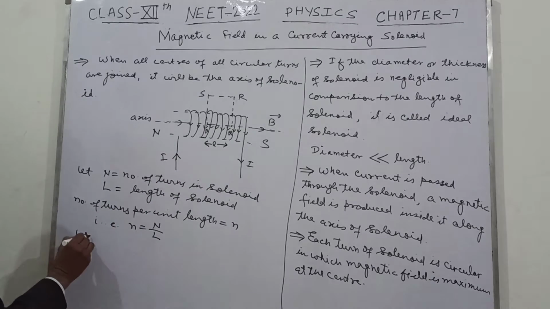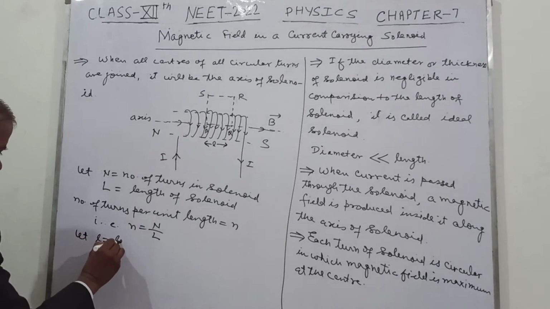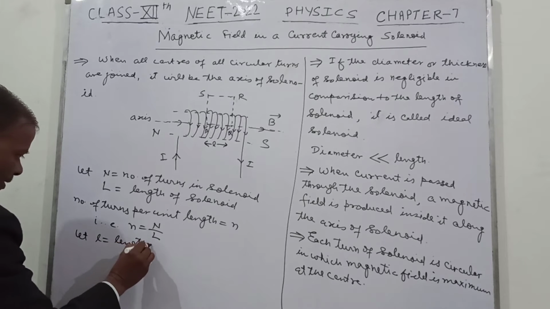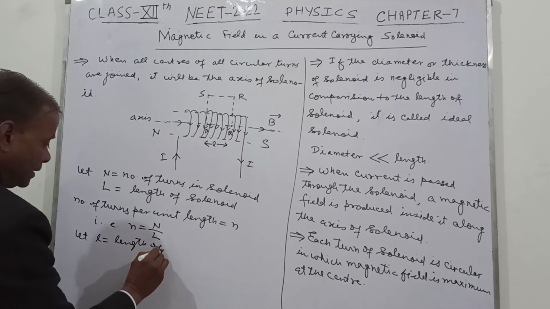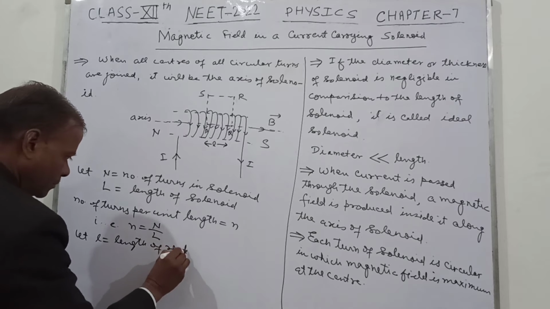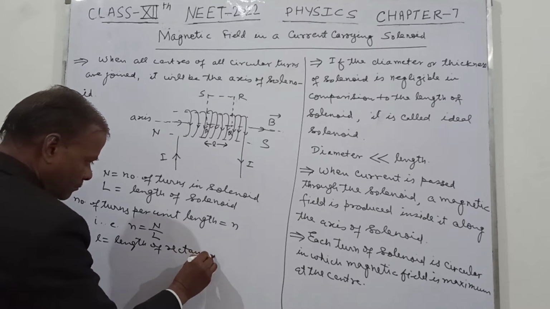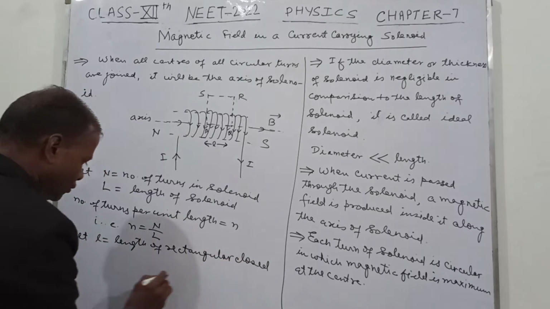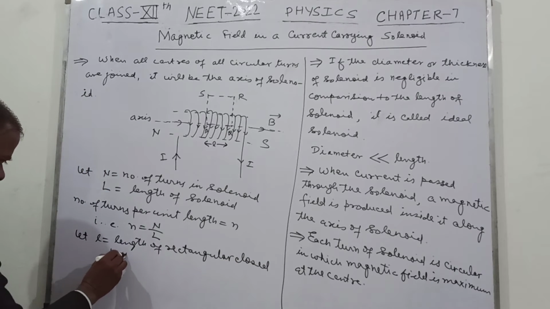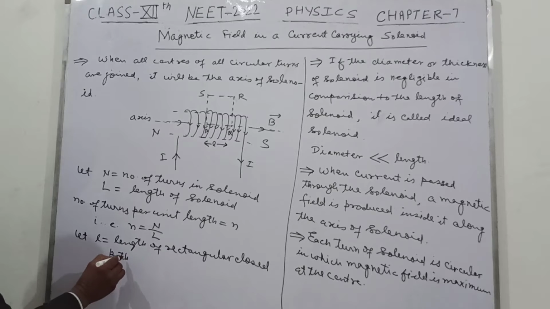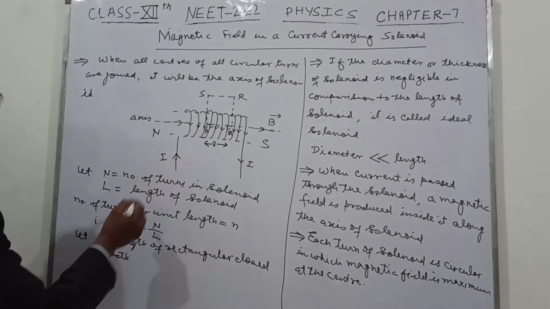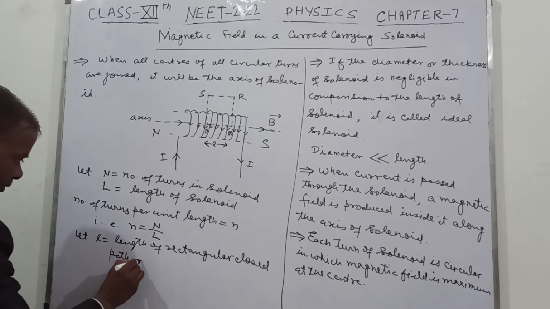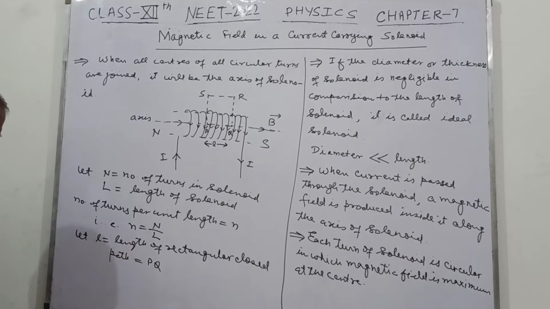Let l equal to length of rectangular closed path. So that is equal to PQ.